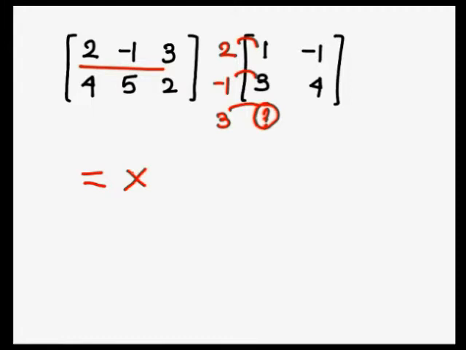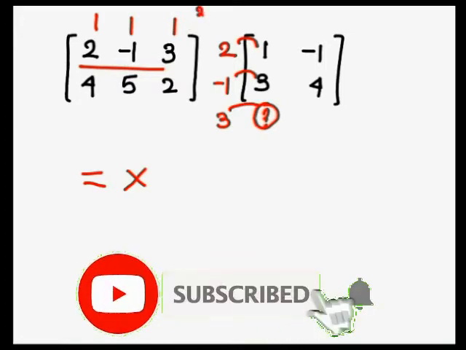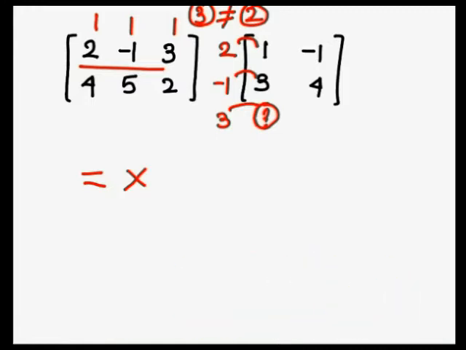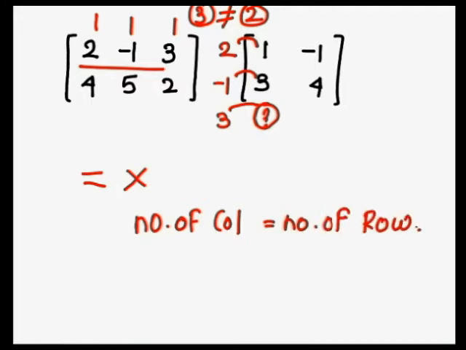So what is the basic reason that the matrix multiplication is not possible? If you observe, there are 3 columns in the first matrix and 2 rows in the second matrix. Now remember this very important result. If the number of columns in the first matrix is equal to the number of rows in the second matrix, then only the matrix multiplication is possible.